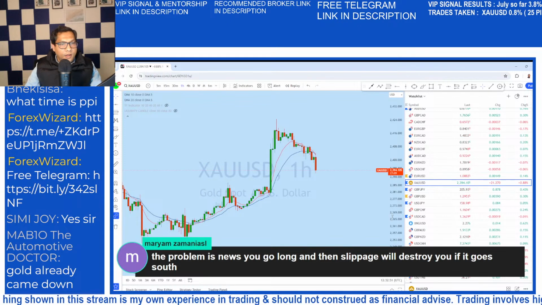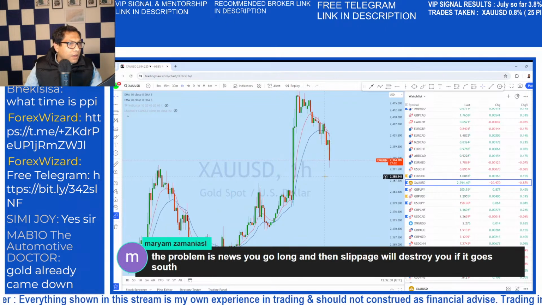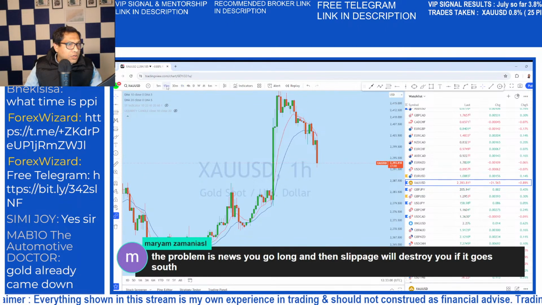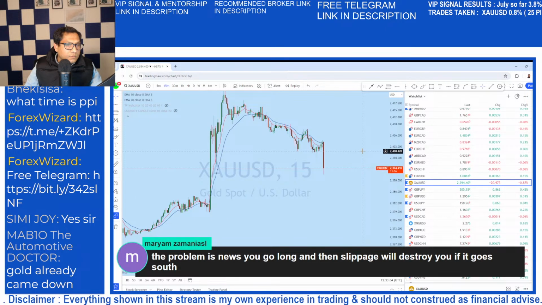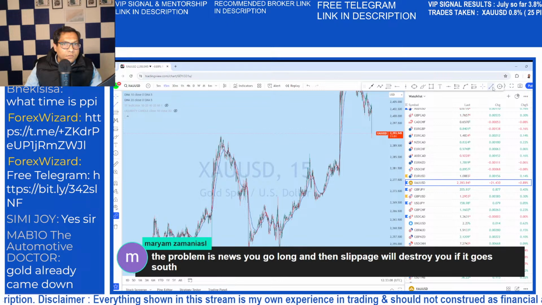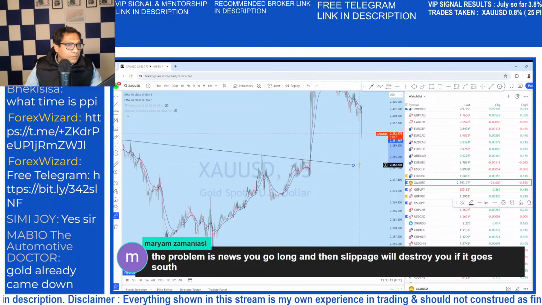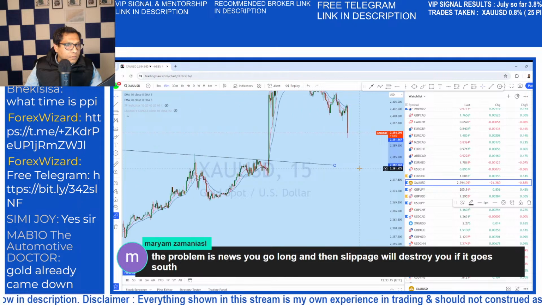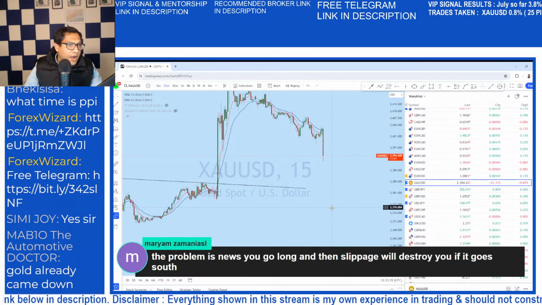Okay, here we can see a very strong drop on the lower time frame. And this drop might bring that price to this order block.